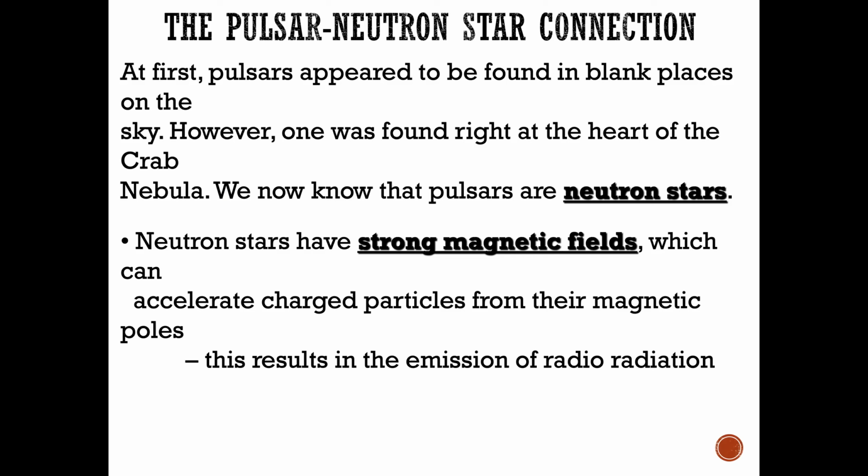But they are very weak or very faint, so you cannot see those, right? And at the same time, there is a connection between a pulsar and a neutron star, right? That connection is that neutron stars have a strong magnetic field which can accelerate charged particles from their magnetic poles, and this results in the emission of radio radiation, right?